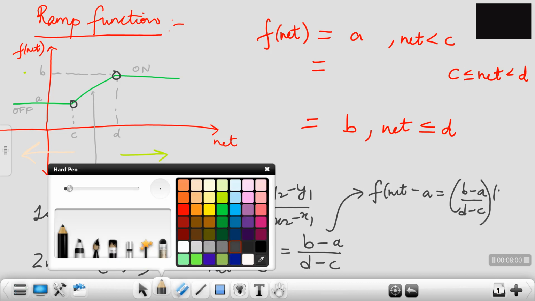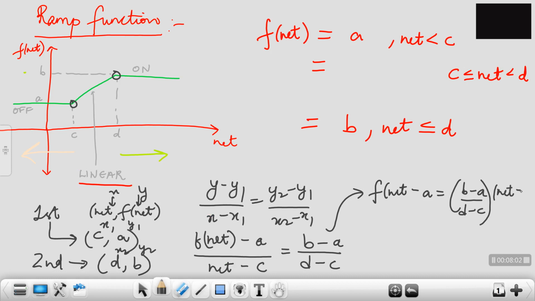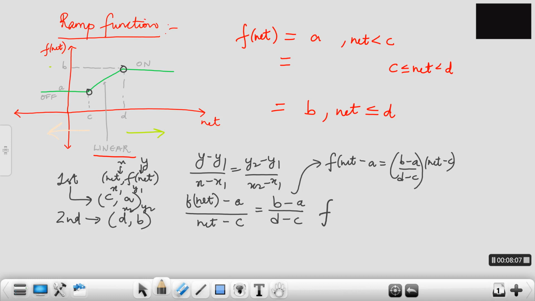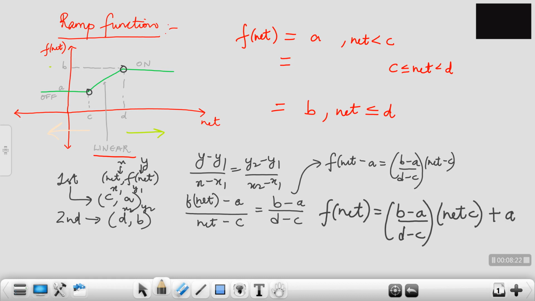It will be net minus c. From this we can write f of net is equal to b minus a upon d minus c, net minus c plus a. So this will be the equation. Sorry, I have not written the minus sign. Net minus c plus a.